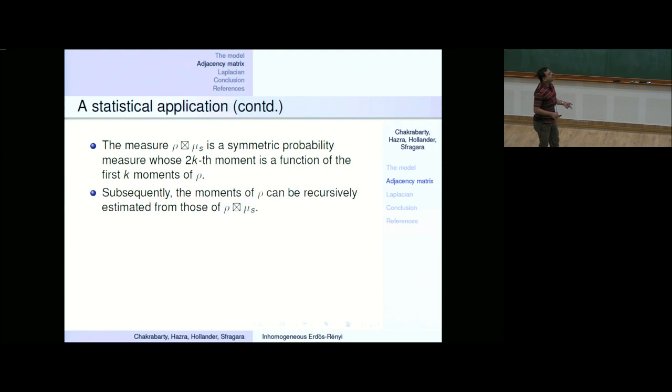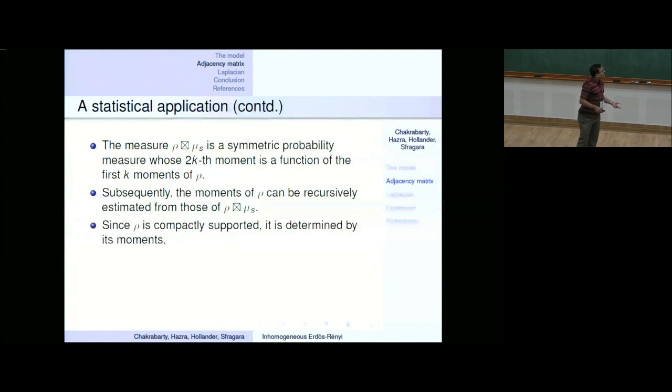Therefore, the moments of rho can be recursively estimated from those of rho box times mu_s. So if you know the moments of rho box times mu_s, then you can recursively calculate the moments of rho. And since rho is a compactly supported probability measure, it is determined by its moments. So this is just one way of estimating rho.